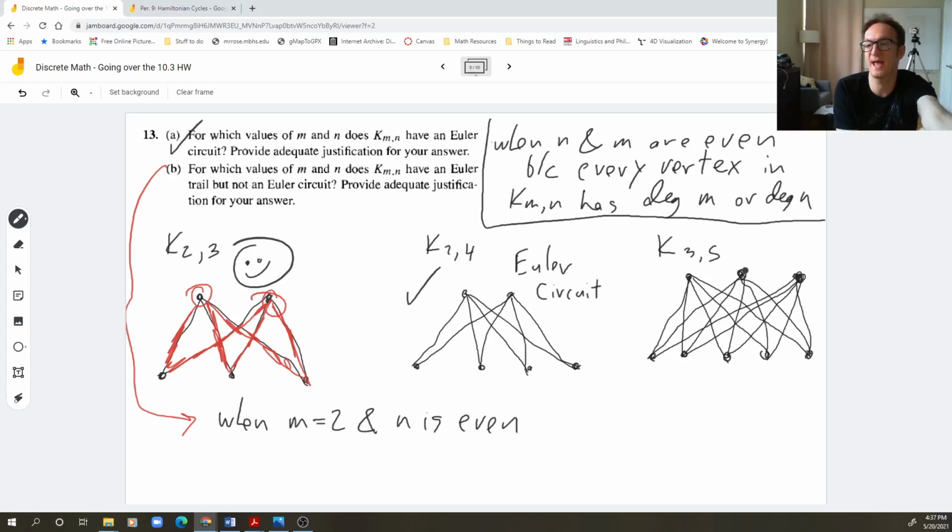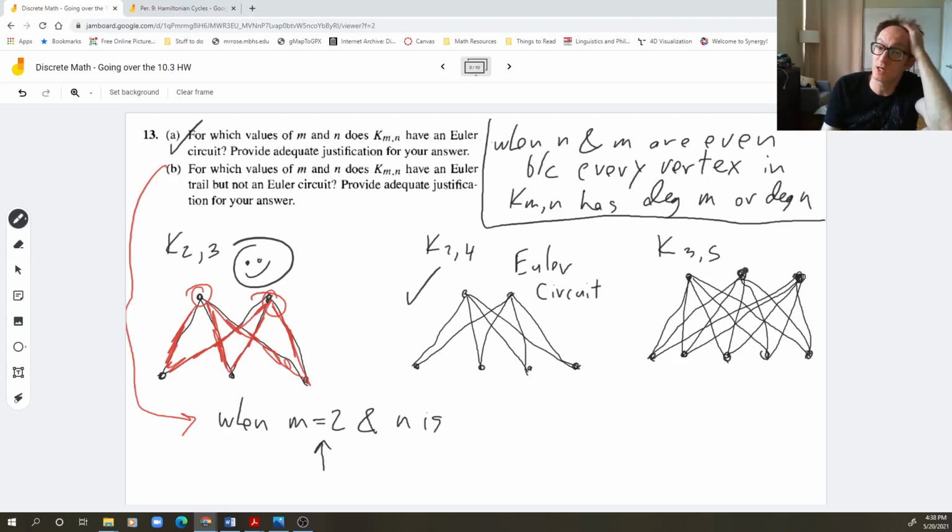There is an Eulerian trail but no Eulerian circuit when there are precisely 2 vertices of odd degree. But for that to happen, that means that one of the partitions has size 2, and the other one is odd, is what I meant right there.